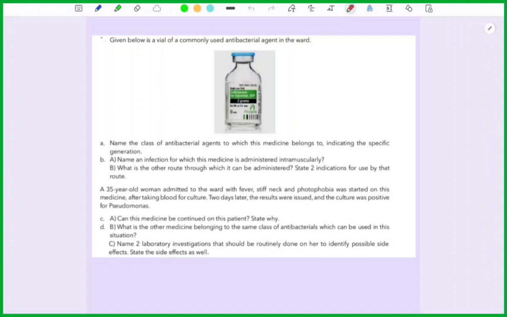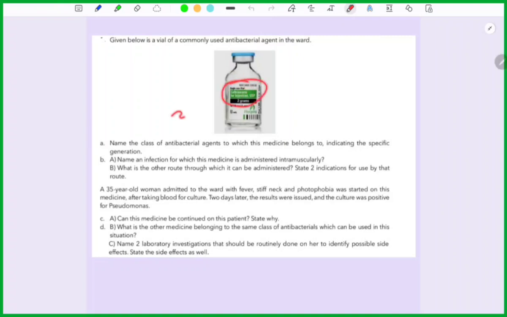So, directly to the question: given below is a vial of a commonly used antibacterial agent in the world. You can see on the label, it's Ceftriaxone. Name the class of antibacterial agent to which this medicine belongs, indicating the specific generation.